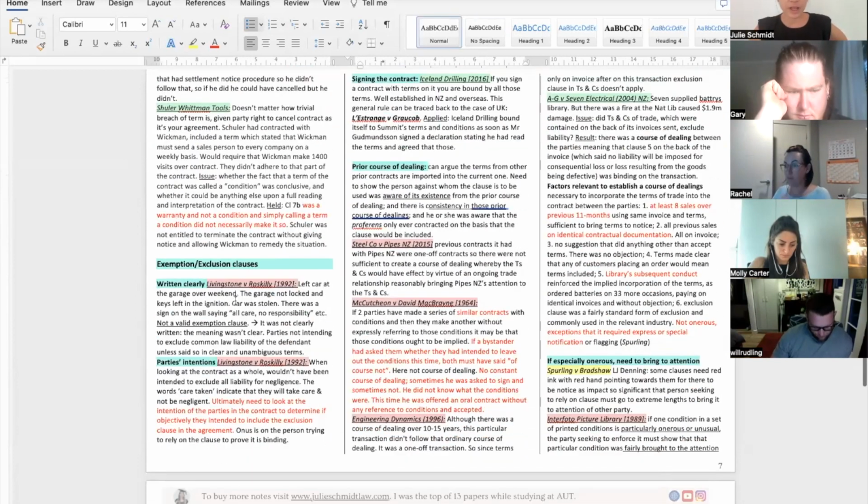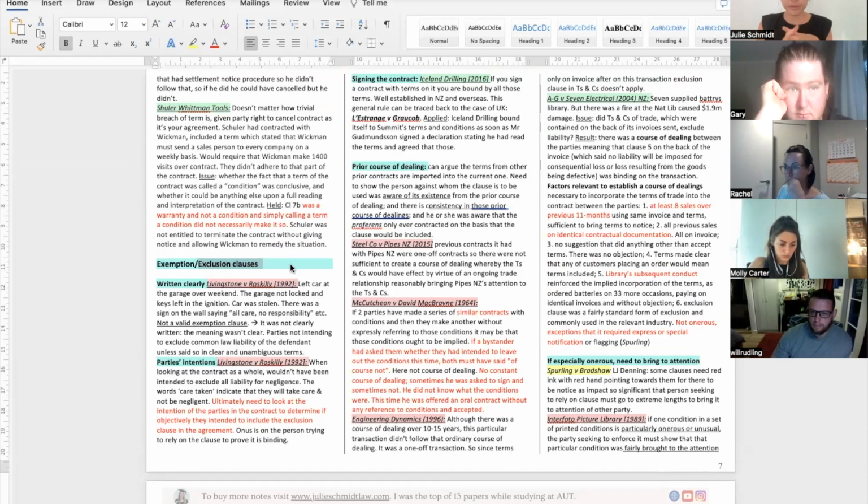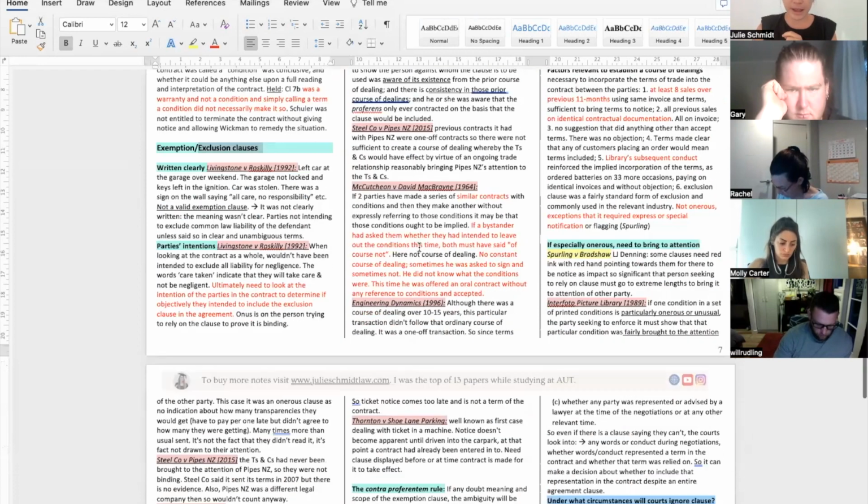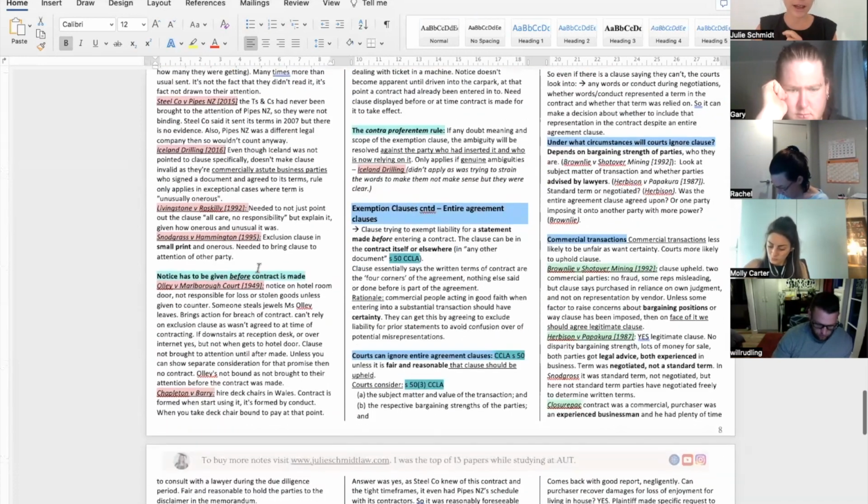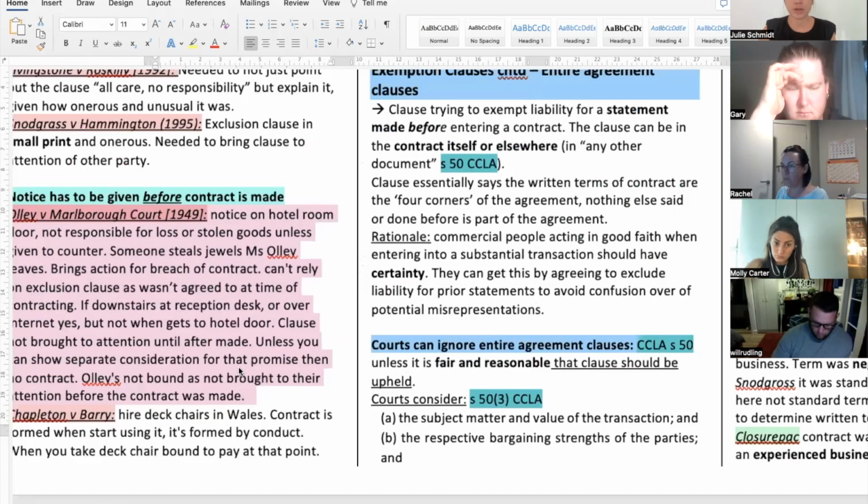So like I said earlier, my understanding is exclusion clauses are in the contract. They form part of the contract. That's why in that case, Olley v Marlborough Court, this is the one where they get a hotel, some of their stuff gets stolen, and they try and sue the hotel.